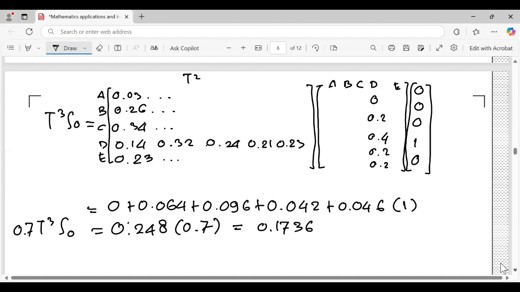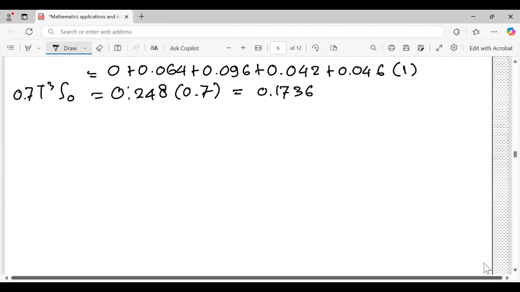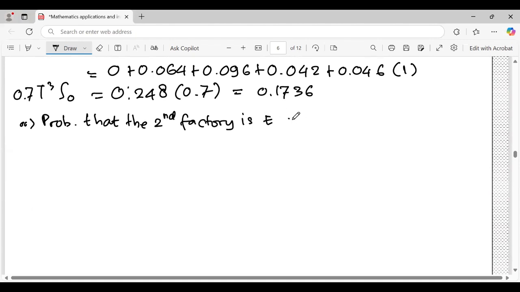Next, for E to E, it means the probability that the second factory is E equals 0.3.